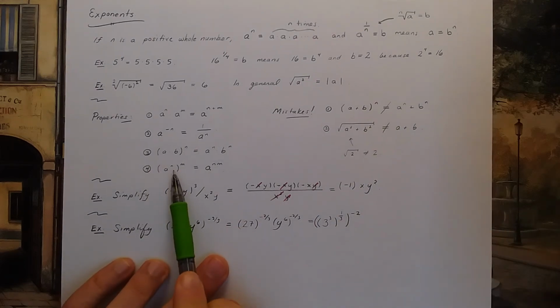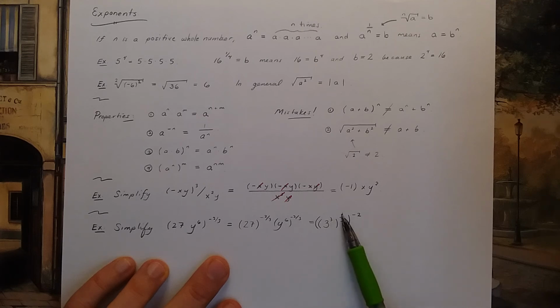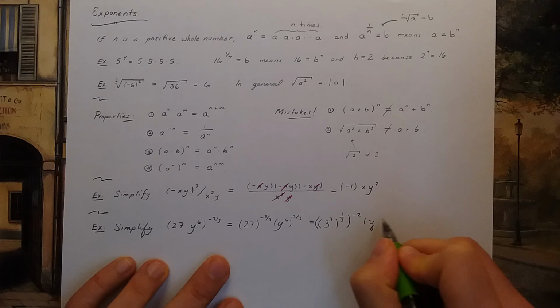I guess I'm using property 4 here, because I'm taking this negative 2/3 and I'm writing it as 1/3 times negative 2. The reason I'm doing that is because now I have a 3 to the 3rd power times to the 1/3 power. So those will cancel each other out. I still have this y to the 6th.